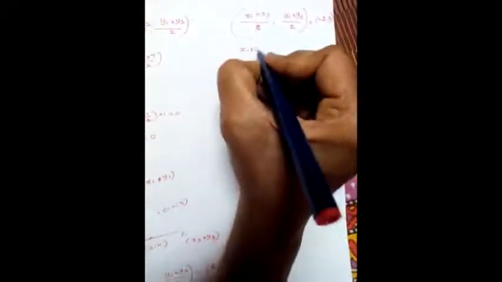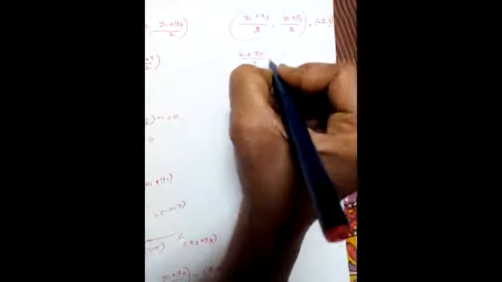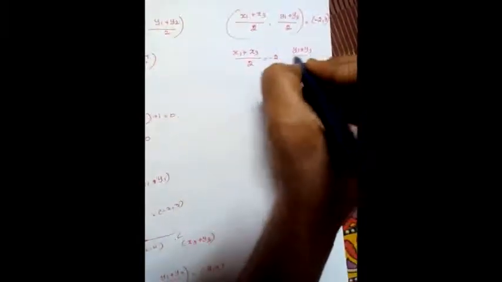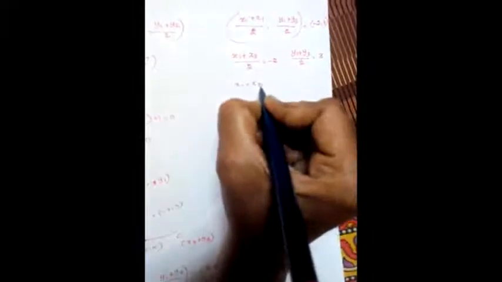Okay, x1 plus x3 by 2 is equal to minus 2. y1 plus y3 by 2 is equal to 3. The 2 goes to the opposite side as multiplication. So x1 plus x3 is equal to minus 4, and y1 plus y3 is equal to 6. This is the fifth equation and this is the sixth equation.